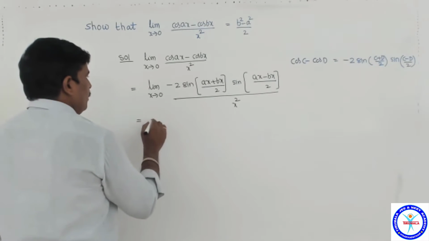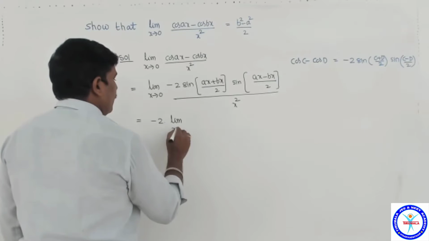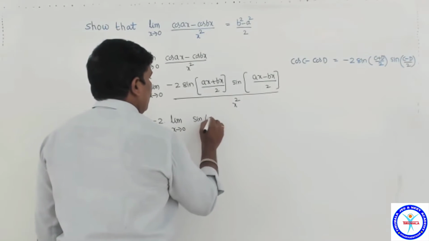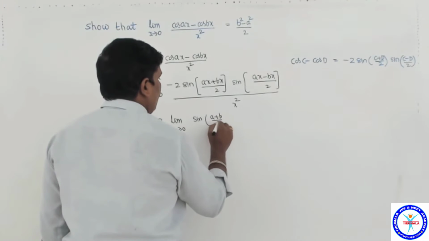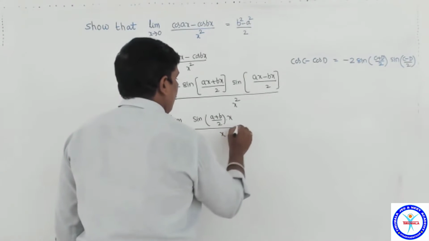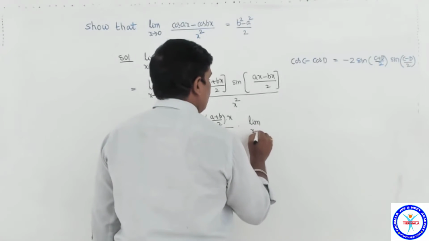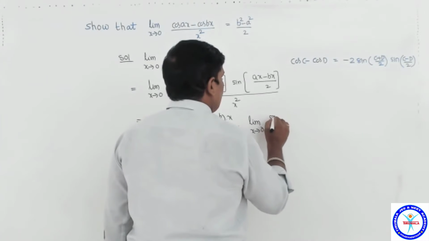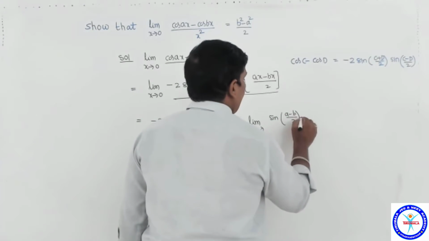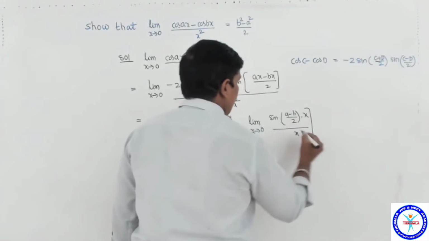This is equal to minus 2 into limit x tends to 0 sin of ((a plus b) by 2) into x divided by x, into limit x tends to 0 sin of ((a minus b) by 2) into x divided by x. Okay.